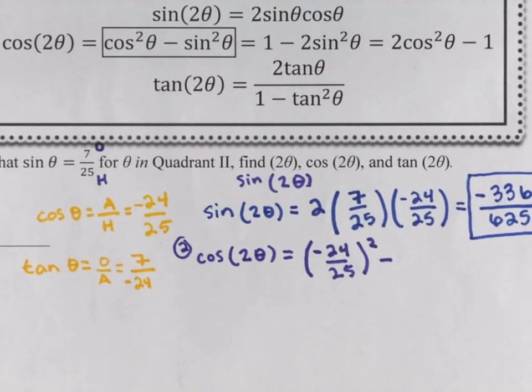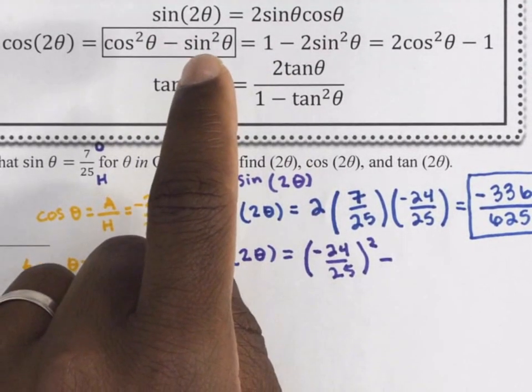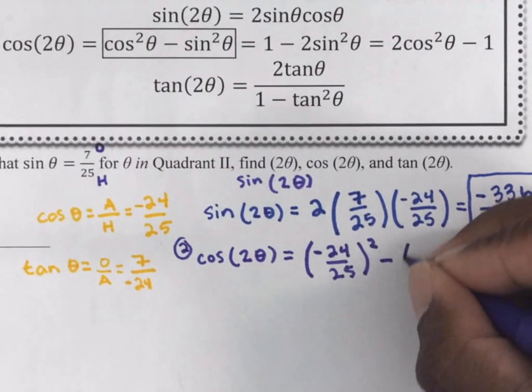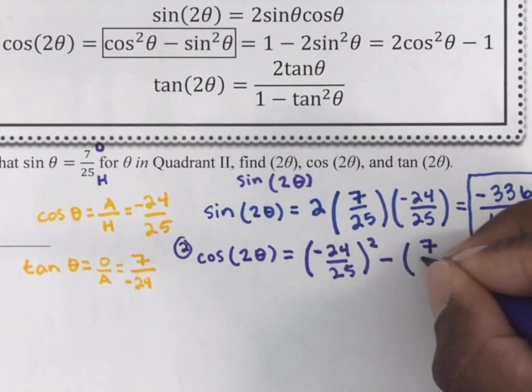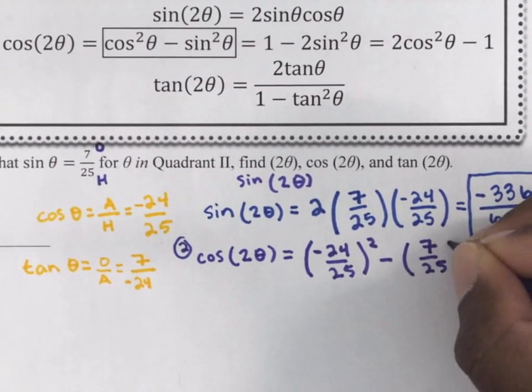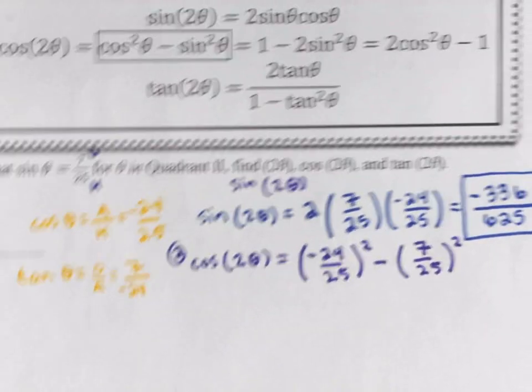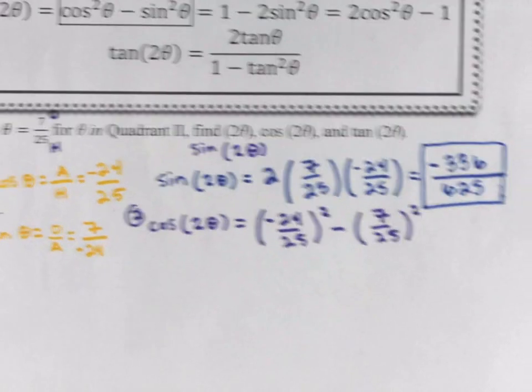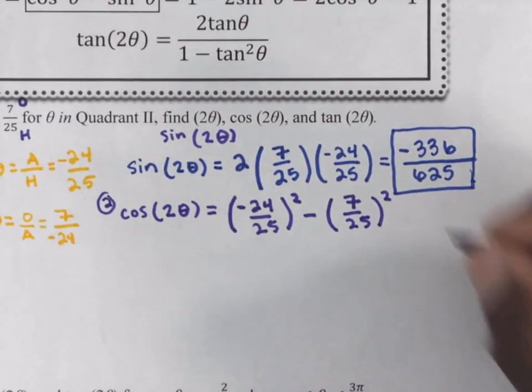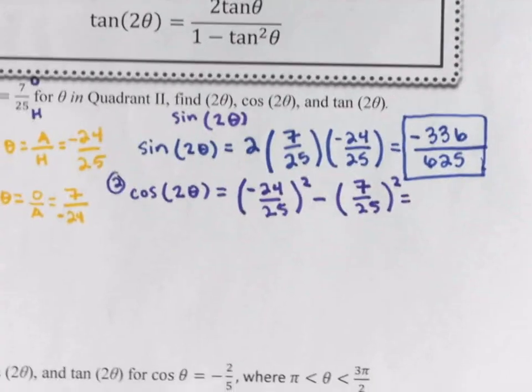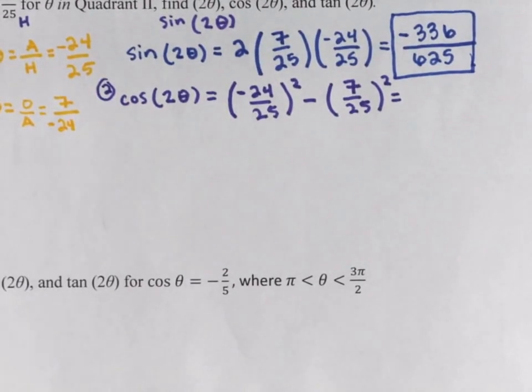What comes next? Minus sine squared, right? Yep, sine squared. So sine was 7 over 25. And I'm going to square it. So as the numbers get big, don't let that scare you. Just use your calculator.